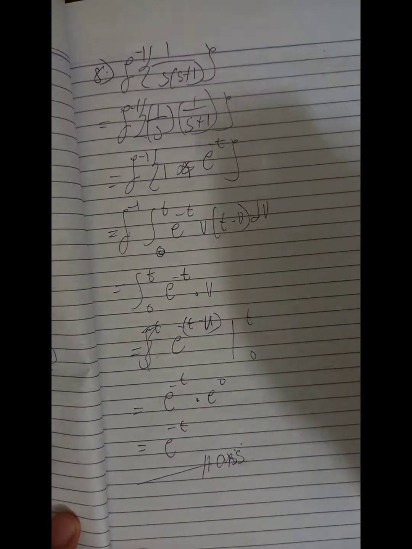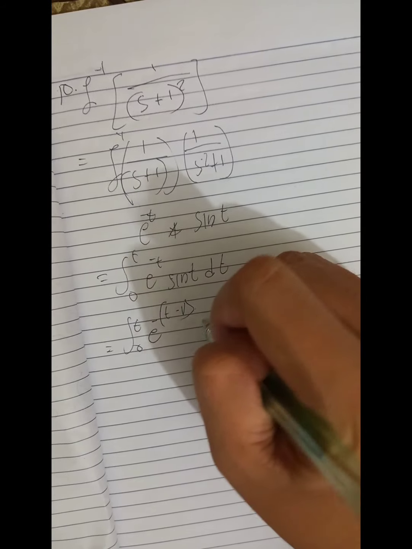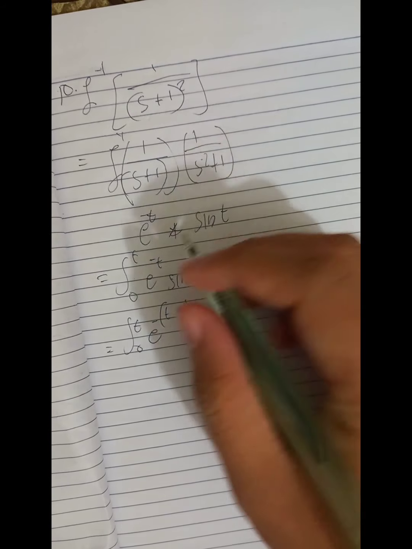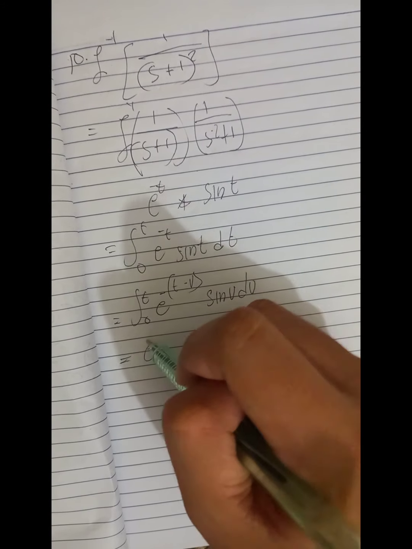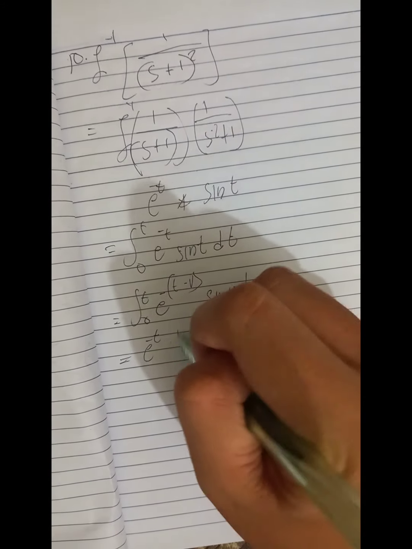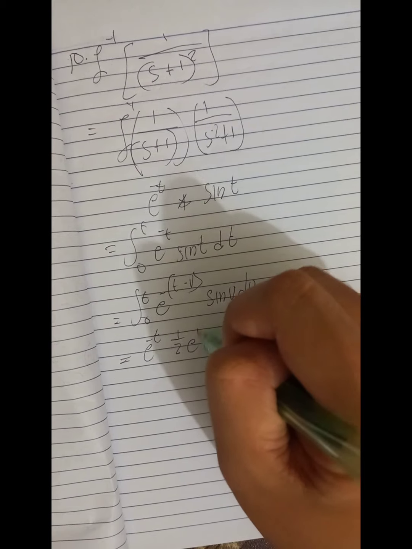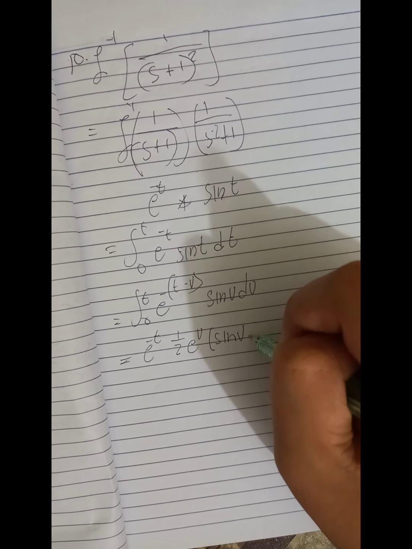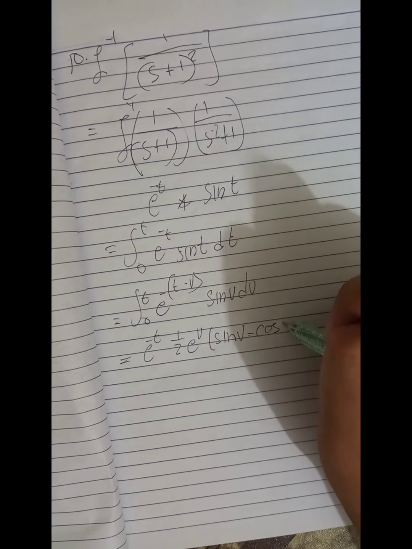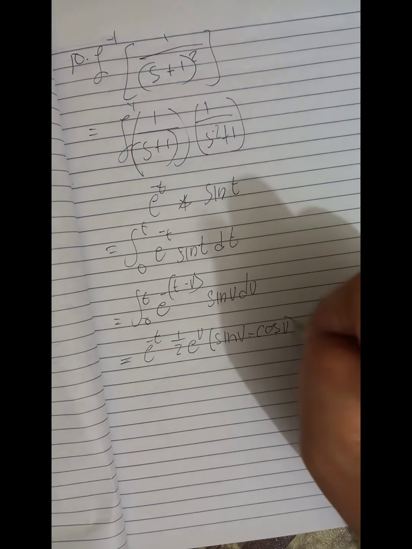Then we have to integrate e raised to negative t sine t dt, limit of 0 to t. Then we have to perform the convolution formula. And then next we have to integrate to the limit of 0 to t. And then the value is 1/2 e^v times sine v minus cosine v.